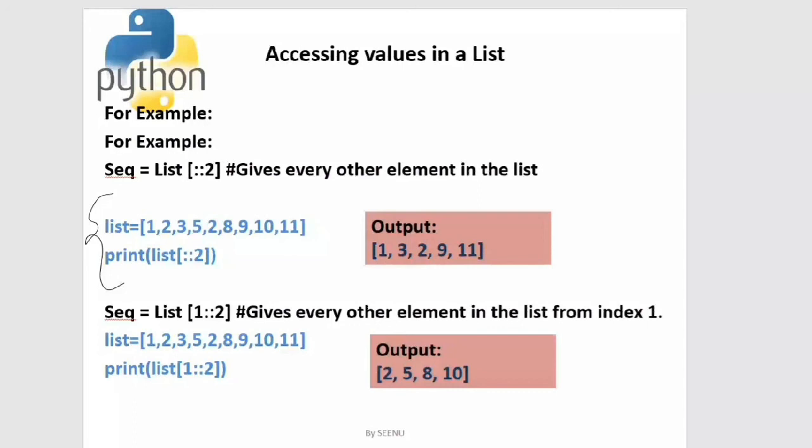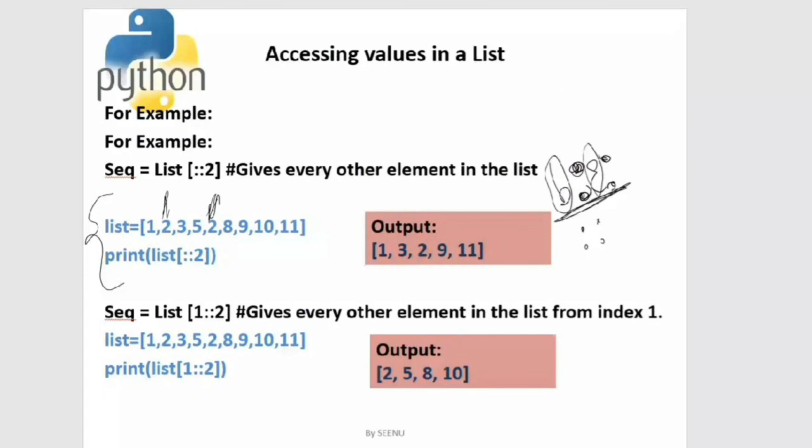Now I want to print the elements of the list by skipping 1. I put 2 colons like this, empty, to consider the entire list, and I'm setting the stride or step value to 2.